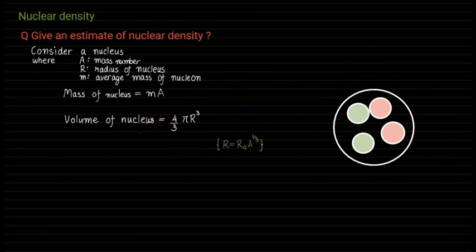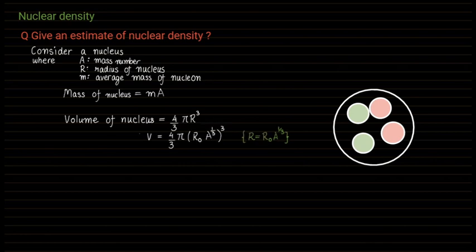And in our last class we derived the relation for the radius of the nucleus. The radius of the nucleus can be written as r naught, which is a constant, multiplied by the cube root of the mass number A. Fine. So let us substitute this value of radius here.